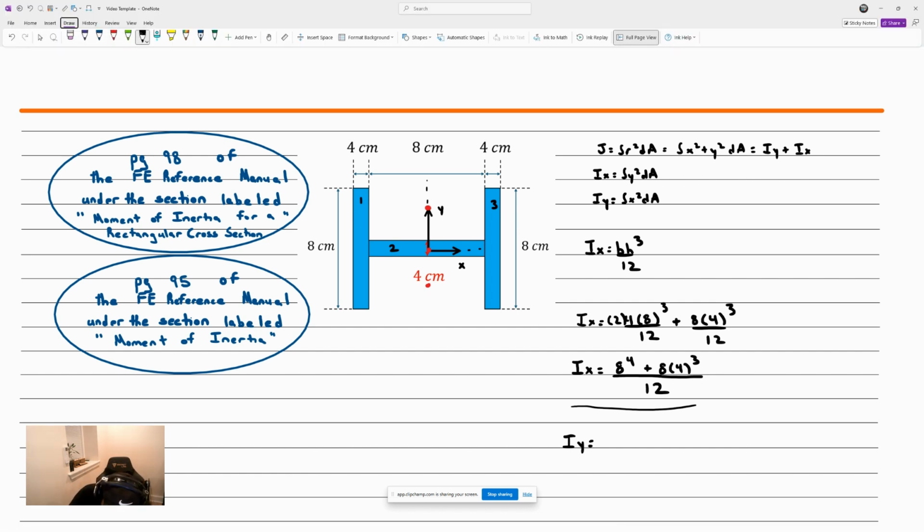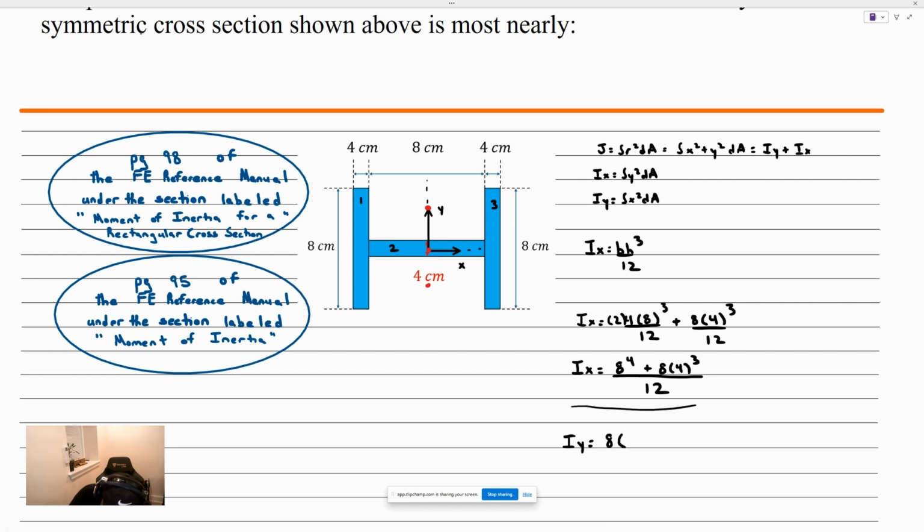That is, for the overall rectangle, base times 8 plus 4 is 16. Base times height cubed over 12. And then we subtract off the moment of inertia associated with those two other shapes. This base here is the total distance 8 subtracted by the thickness of this portion here, which is 4.